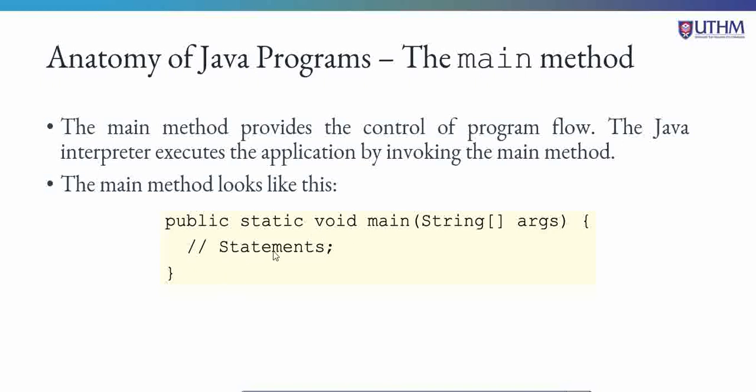You need to write the whole thing: public static void main, String followed by square brackets, leave it empty inside, then args, String args. Then put whatever statements you want to run. Okay, finish.